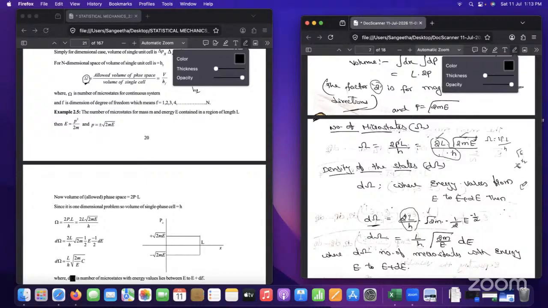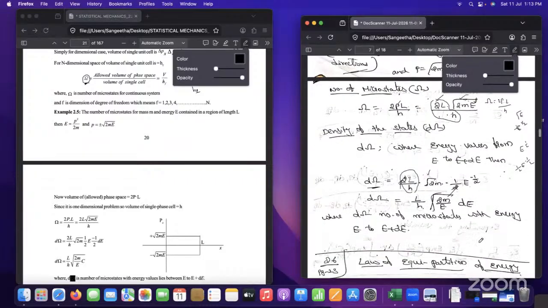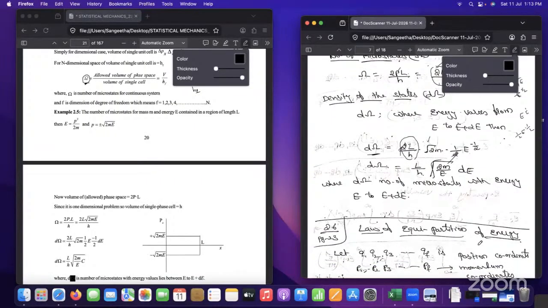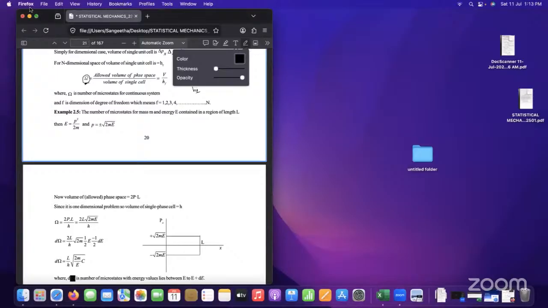The differentiation of E to the power of 1/2 gives 1/2 E to the power of minus 1/2. So that is written as 1/2 E to the power of minus 1/2. This 2 and this 2 are cancelled. L by h is taken and E will come to the denominator and we will get one equation as under root of 2mE by E times dE. So we are taking with respect to E. Now we will see this one.